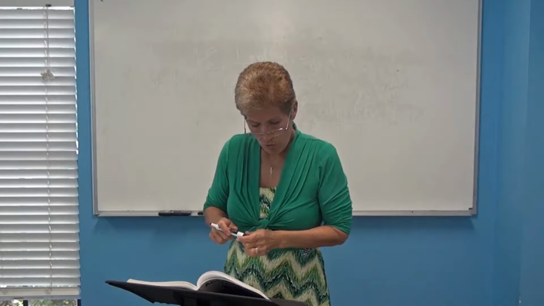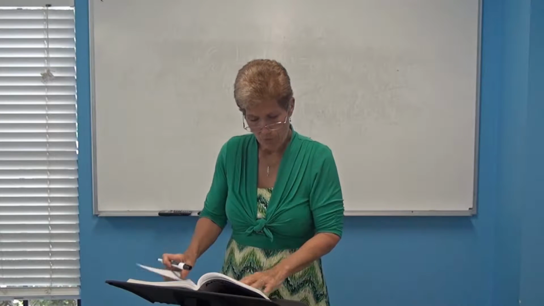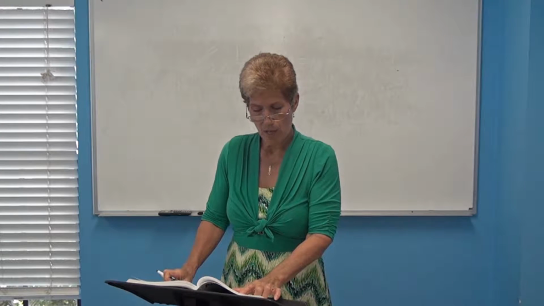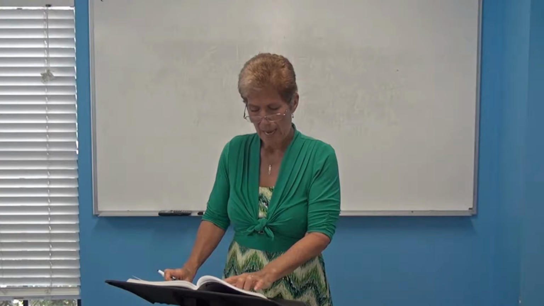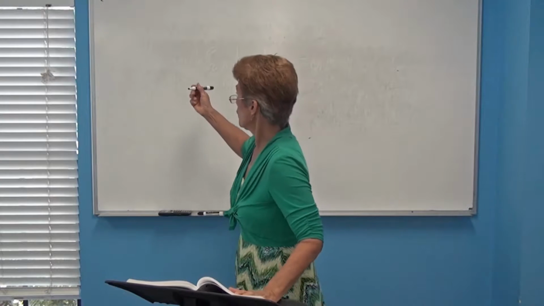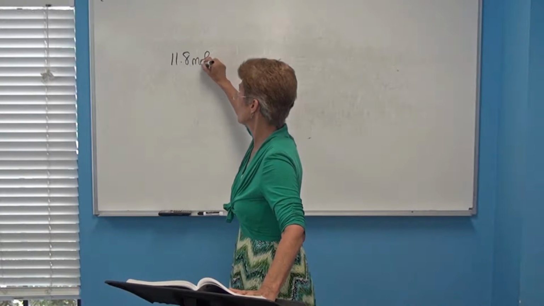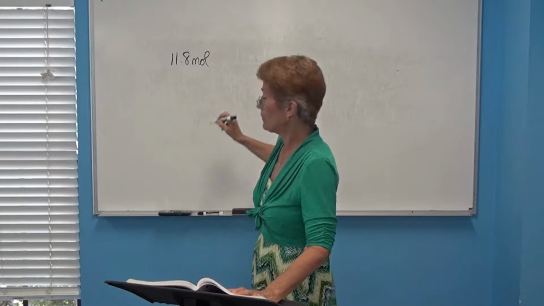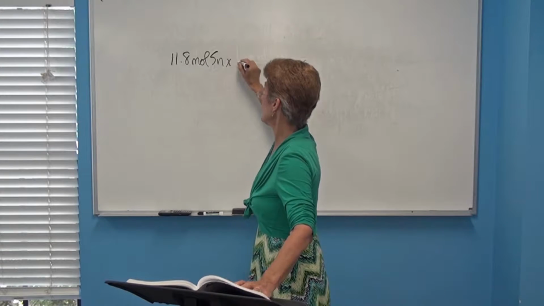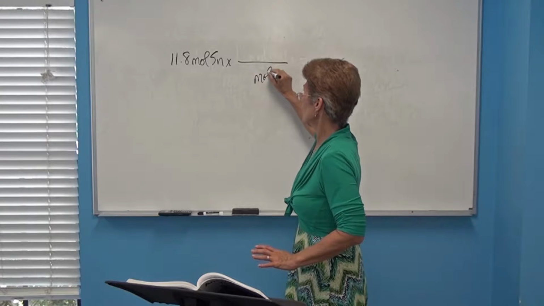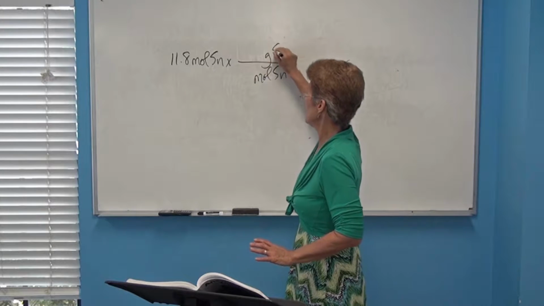Then we get to number 4. And number 4 says a chemical reaction produces 11.8 moles of tin. How many grams of tin are made? So we have 11.8 moles of tin. And we want to know how many grams that is, so we're going to go moles of tin to grams of tin.